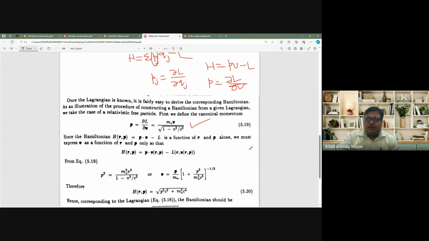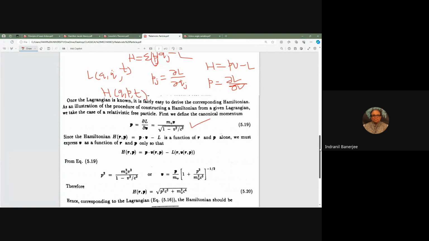Another thing is, we know the Lagrangian is a function of Q, Q dot, and T, and the Hamiltonian is a function of Q, P, and T. In the Hamiltonian, all V should be replaced by P. From this equation, you can calculate V. P is equal to m0 V by this.